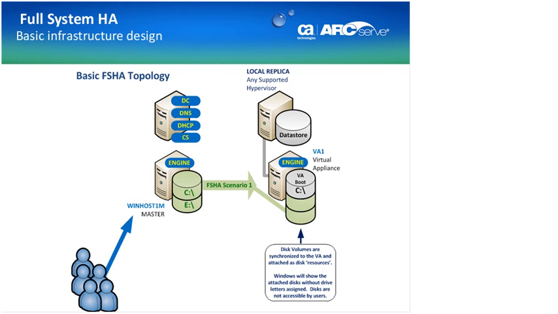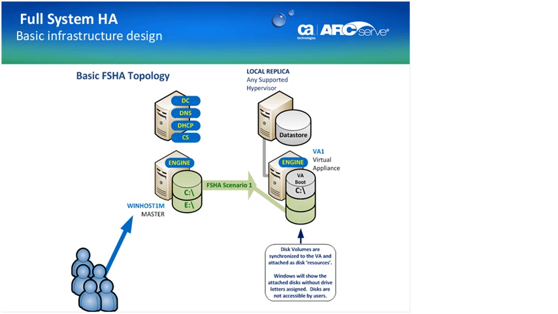Now, what you're seeing here is a full system high availability basic infrastructure design. What it does is that it will actually replicate a volume replication from maybe you have a C drive or E drive. We will replicate those drives to a virtualized platform, whether it's VMware, Hyper-V, Citrix, or SAN, they are all supported.